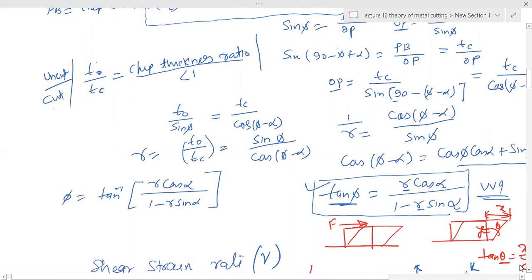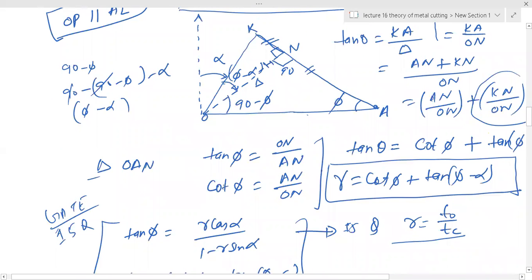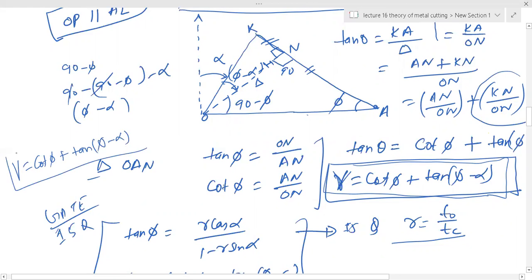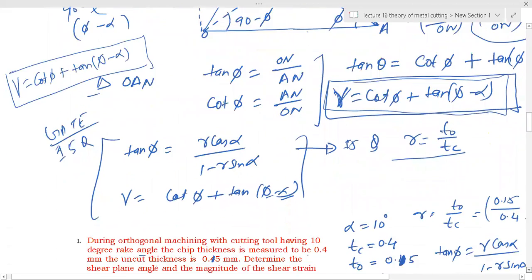Then shear strain: gamma is equal to cot phi plus tan(phi minus alpha). This is your shear strain, which we estimated from the geometrical interpretation.